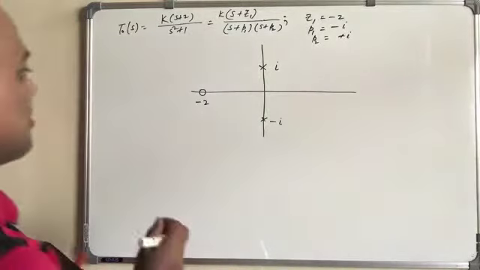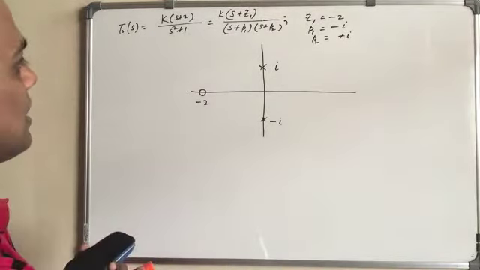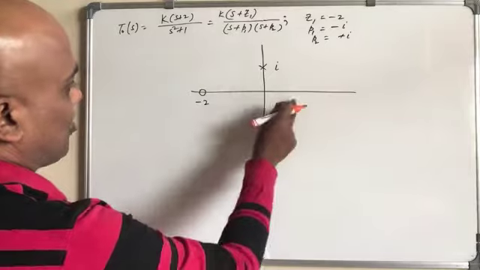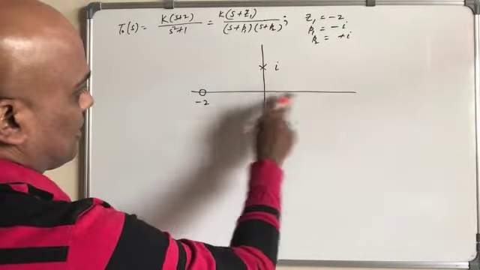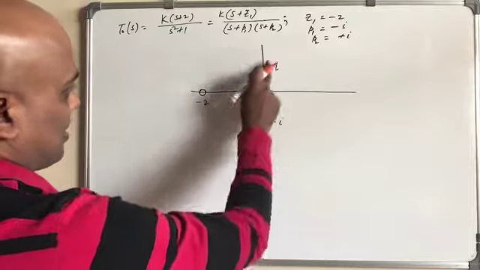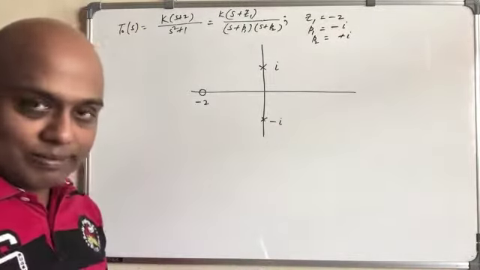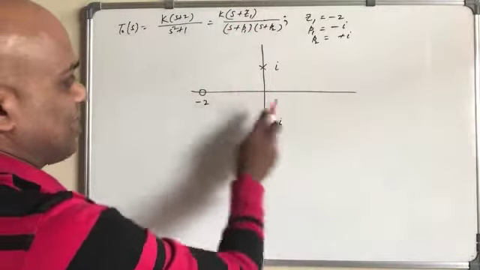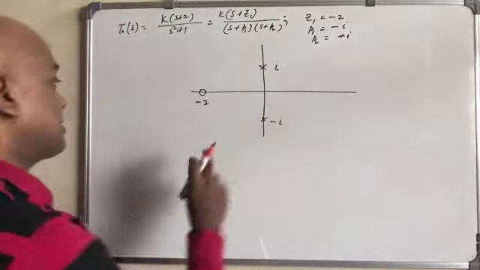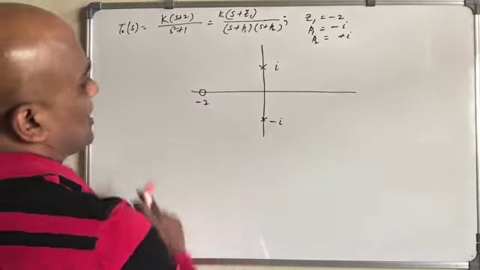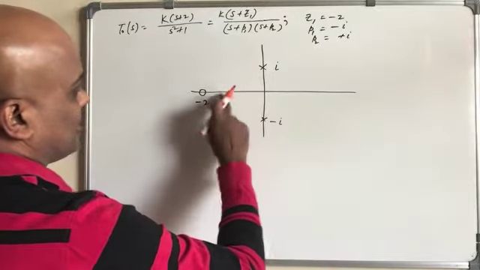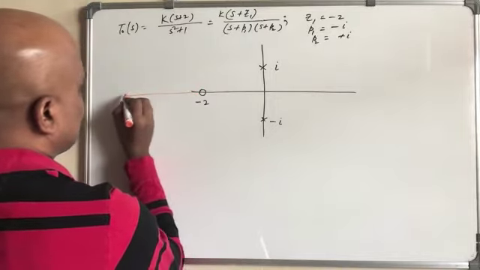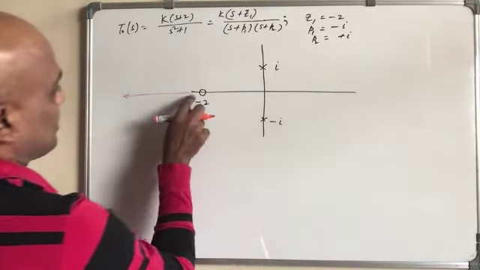Okay, now looking at it, we can draw the root locus. First thing you have to do is have all the zeros and poles plotted. So I have plotted them, so step 1 is done. Step 2: now we have to plot on the real axis. The first segment from here, this way, will simply be the root locus.